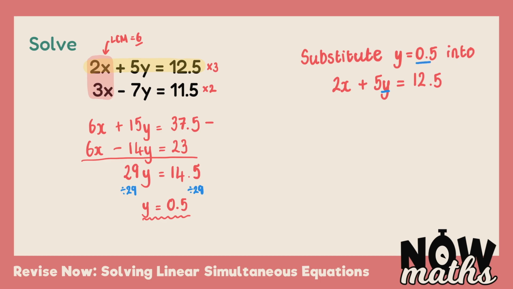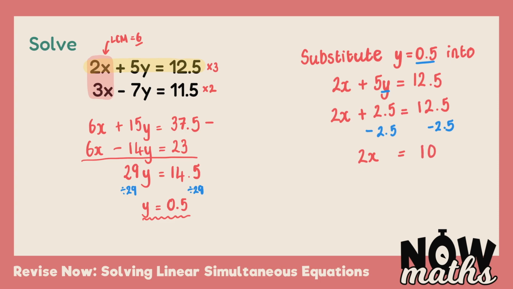So y is being replaced with 0.5, which gives us an equation of 2x plus 5y becomes 5 multiplied by 0.5, so 2.5, equals 12.5. Then we solve, so we subtract the 2.5 from each side, which gives us 2x on the left, and 12.5 subtract 2.5 is 10 on the right.